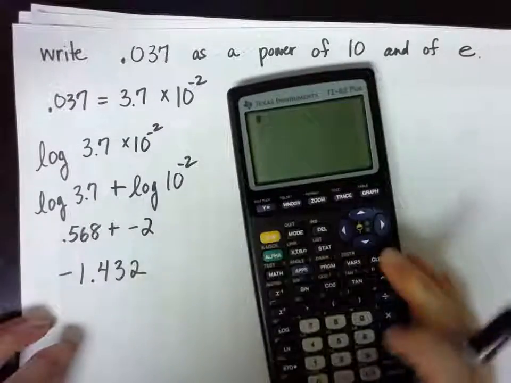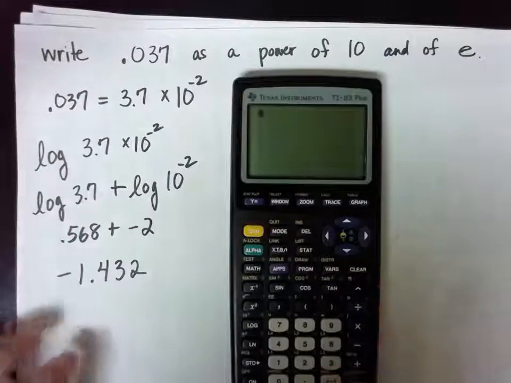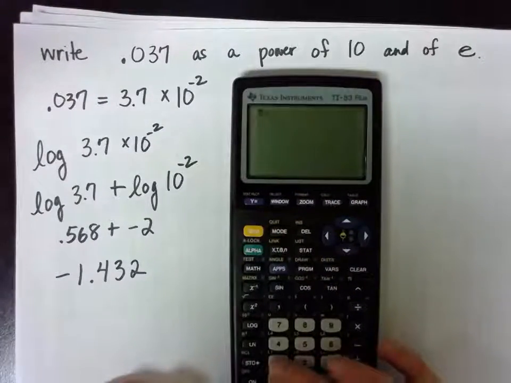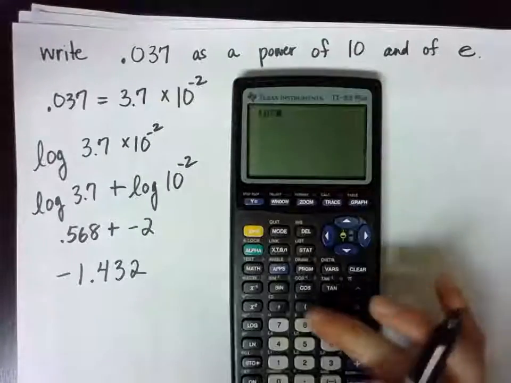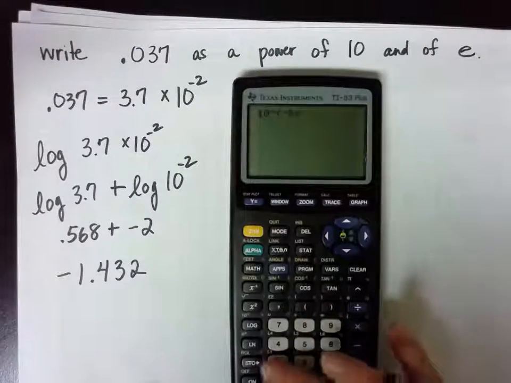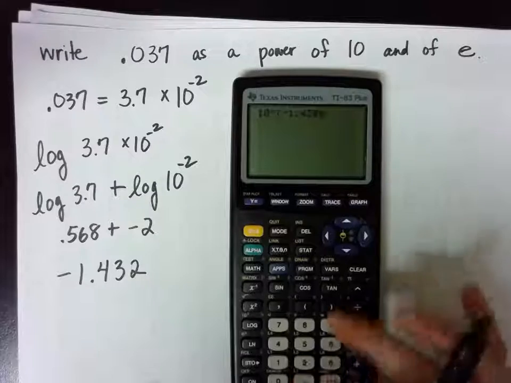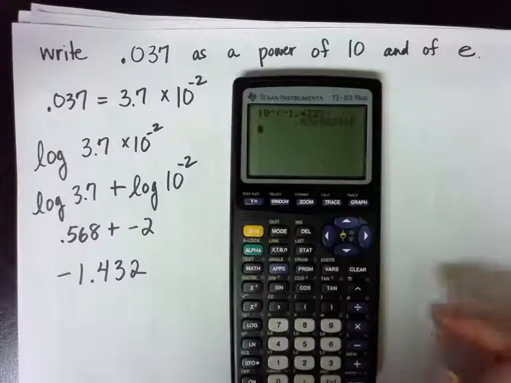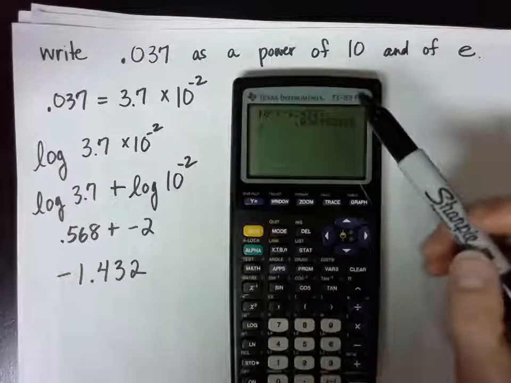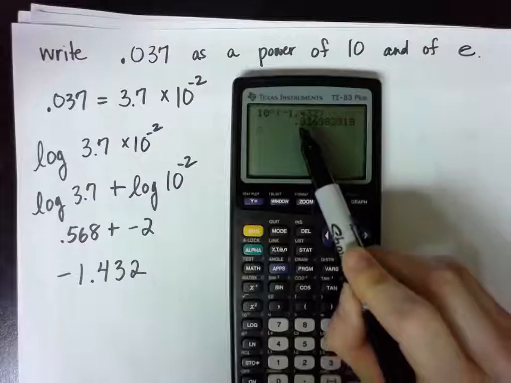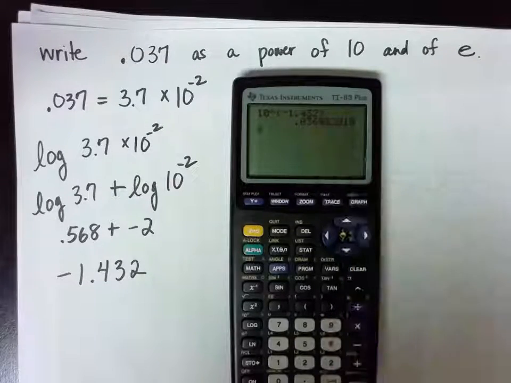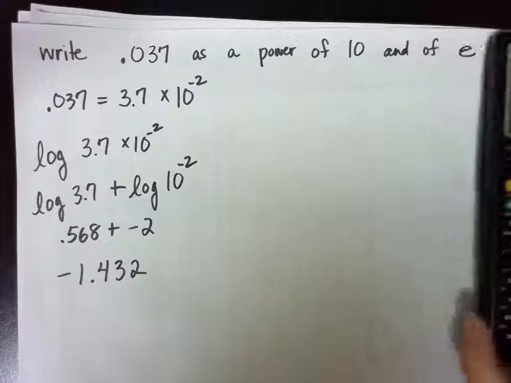Okay, and let's go ahead and check that. If we did 10 to the power of negative 1.432, we should get approximately 0.037, and sure enough, it's very close to 0.037.